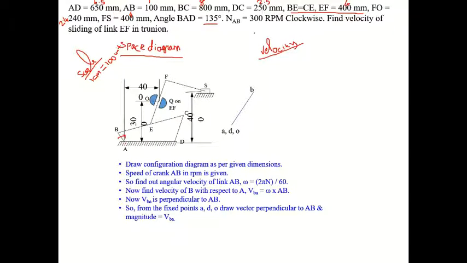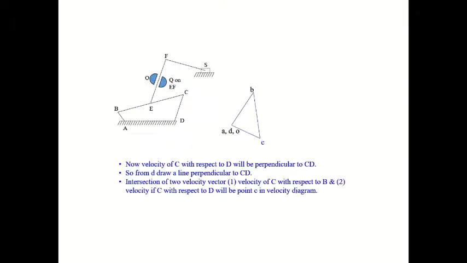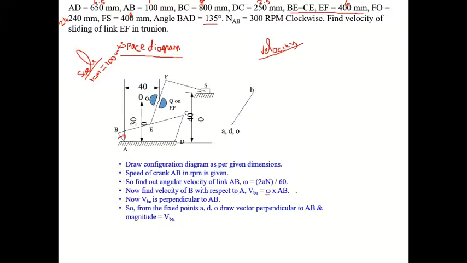Speed of AB is 300 rpm. So omega equals 2 pi N by 60, and we can find omega. 300 means 2 into pi into 300 divided by 60. We will get the omega value. So we need the velocity of AB. Velocity of AB equals omega into AB. So we will get VAB.